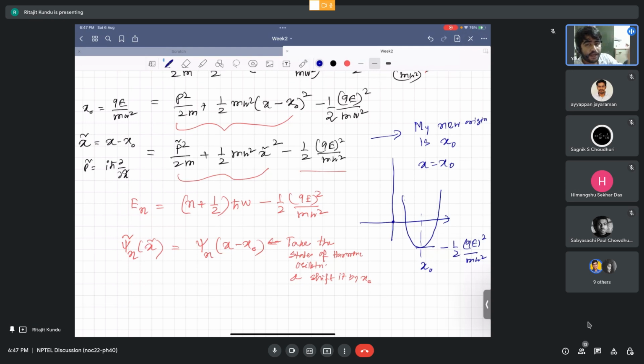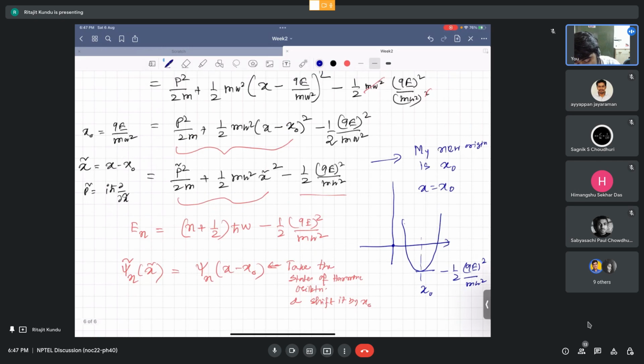Or you can actually take this expression, and let's say all of these things are just normal numbers. These are the functions. Then you can try to find where the minima is. So you will see that the minima is currently shifted to x equal to plus x naught. So when x is plus x naught, this is the new origin of the modified problem.